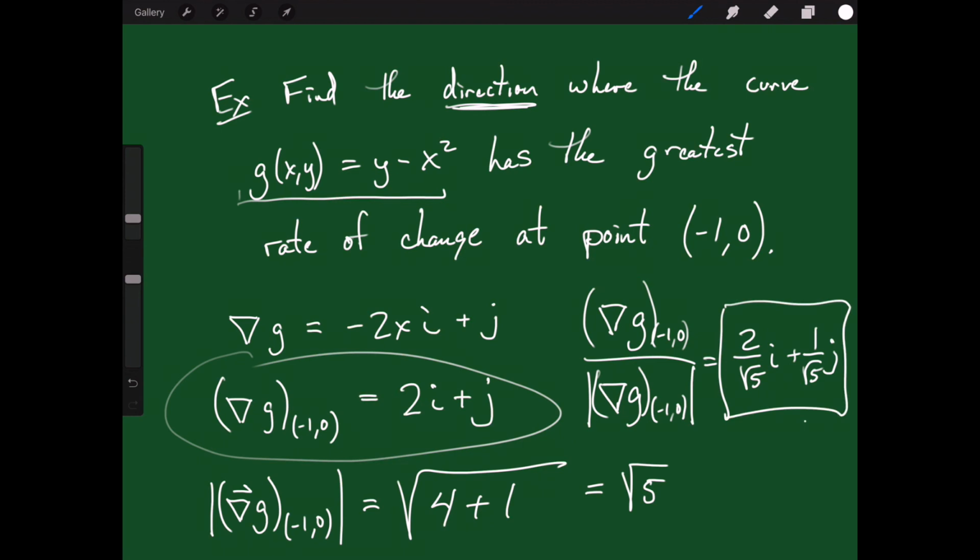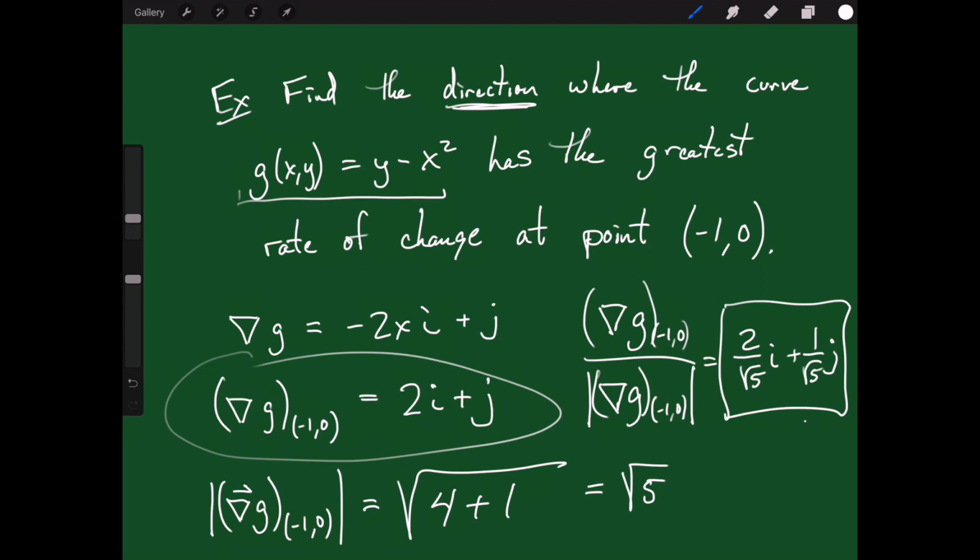And that would give me the direction in which that curve has the greatest rate of change at the point -1, 0. If you wanted to ask what that greatest rate of change is, now we're talking about something different. Now we're talking about a directional derivative, and that's what I did in the last example.